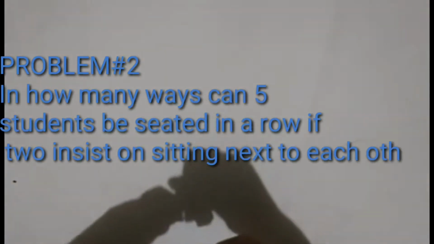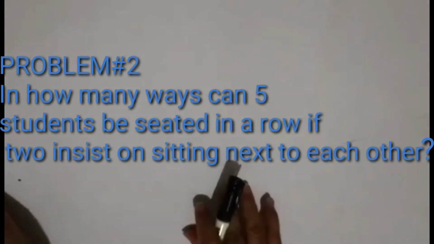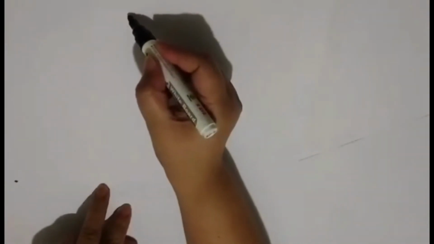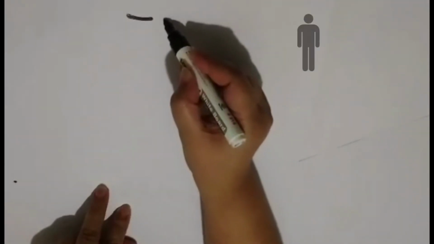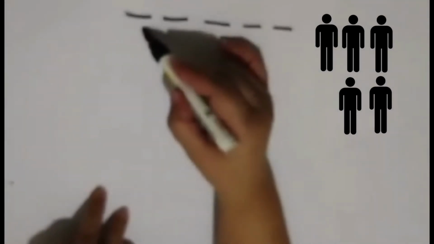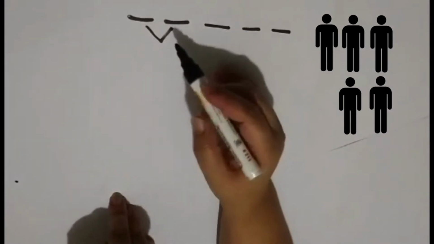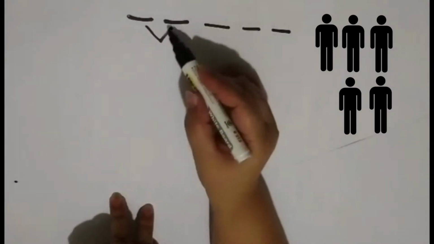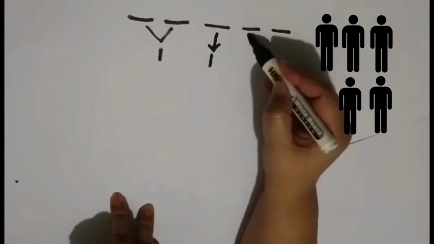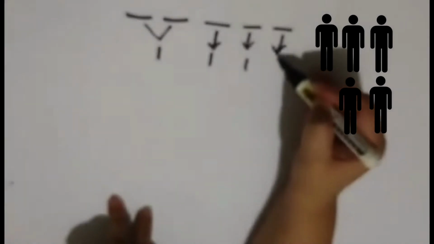Our second problem. In how many ways can 5 students be seated in a row if 2 insist on sitting next to each other? So we are going to arrange 5 students in a row. 1, 2, 3, 4, 5. However, 2 insist on sitting next to each other, which will lead us to counting these 2 as 1. This is another 1, and then this is another 1.